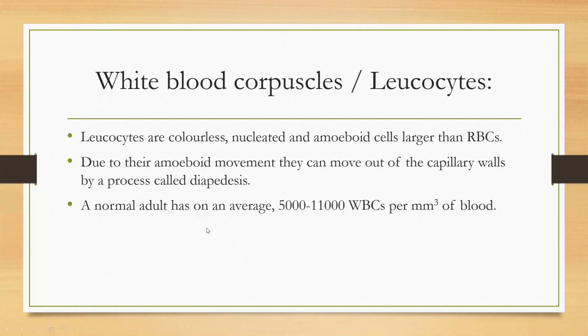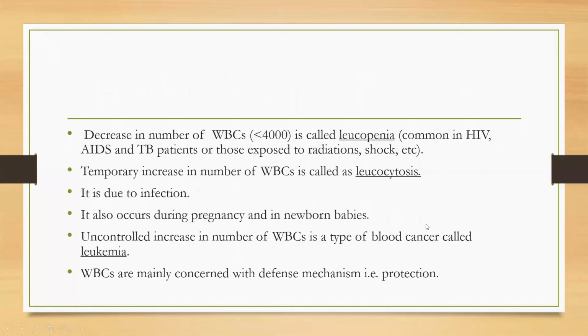Now, a normal adult has an average of about 5,000 to 11,000 WBCs per cubic millimeter of blood. When there is a decrease in the number of WBCs, this condition is called leukopenia.